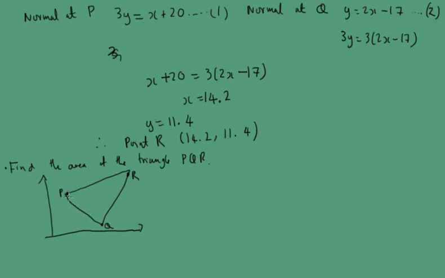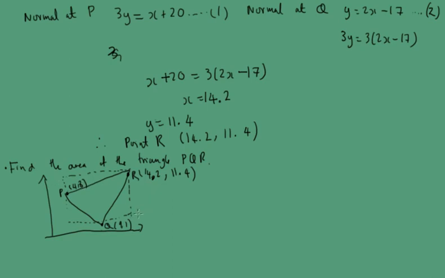Now, if we draw a rectangle here, so this is (14.2, 11.4). Q here is (9, 1), and P here is (4, 8).